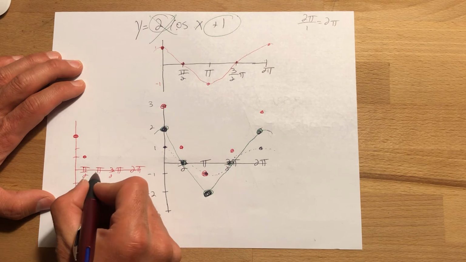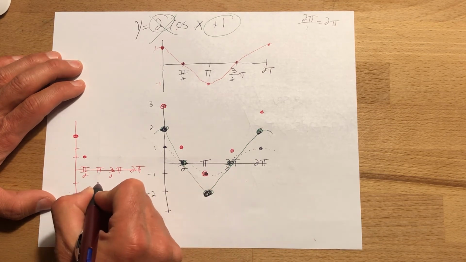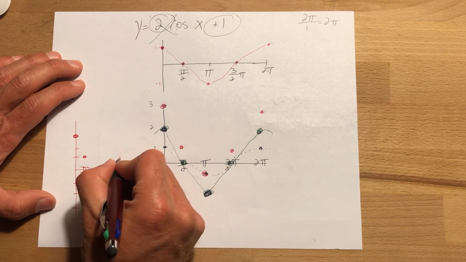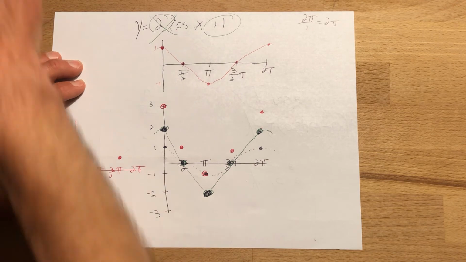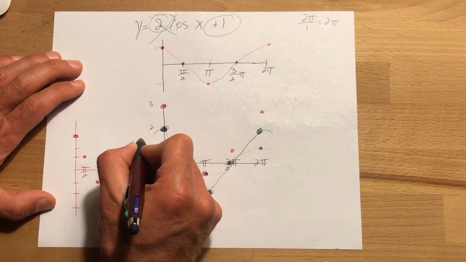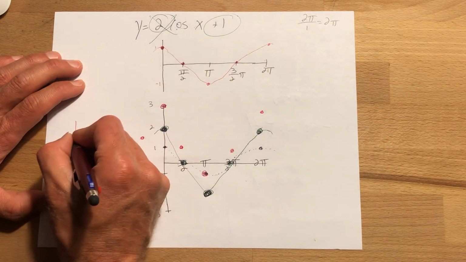And at pi, I am at -1. 3 pi over 2, I'm up at 1. And 2 pi, I am up at 3. All right, and this is my graph for this.